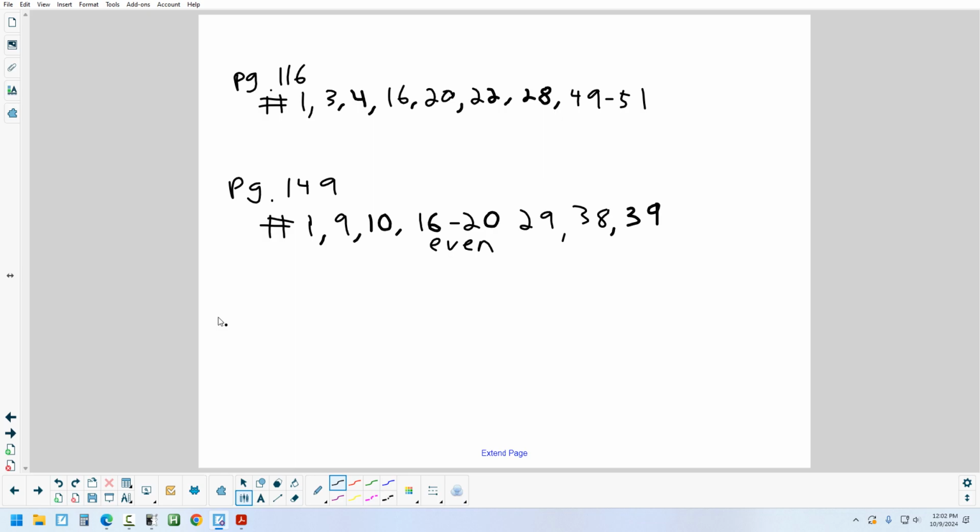20, 22, 28, 16. Oh, I guess I already took out what I was going to. All right, so we're going to do that on the first page, and then on the second page, let's change that completely.